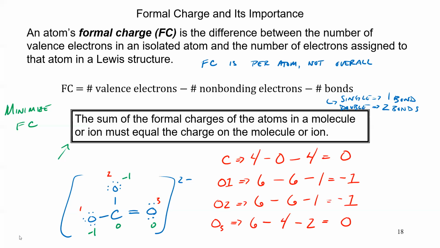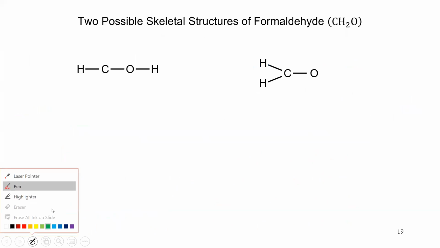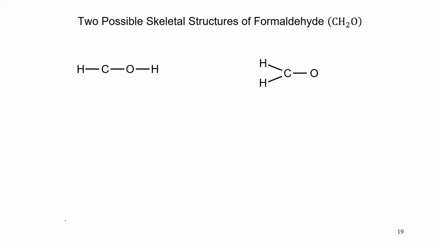Let's do another example where formal charges help us decide whether or not we have a good structure. So formaldehyde is the simplest aldehyde. That's a type of organic molecule. And it's CH2O. And so these are 2 different ways that we could think about drawing up that skeletal structure for formaldehyde.